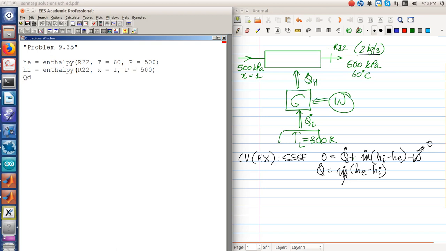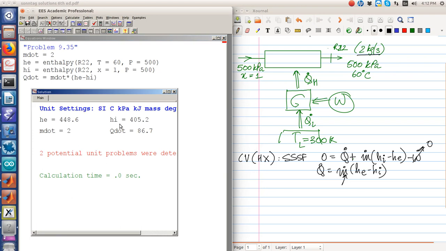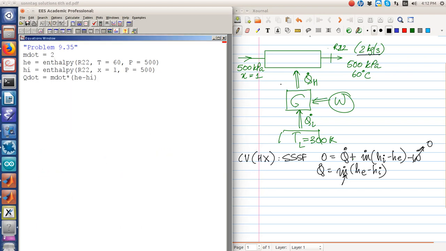So Q dot equal to M dot multiplied by (HE minus HI), where M dot is equal to 2. Let's see what the Q dot is. Q dot is 86.7. So this is the heat absorbed by the system.